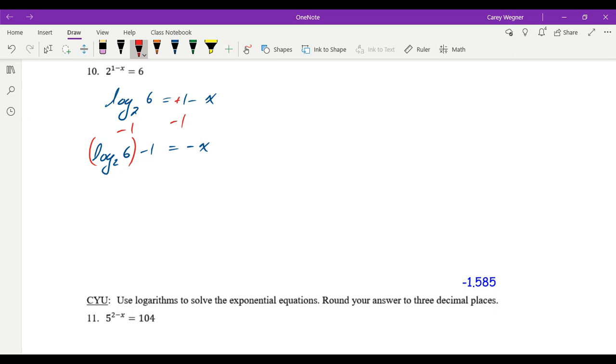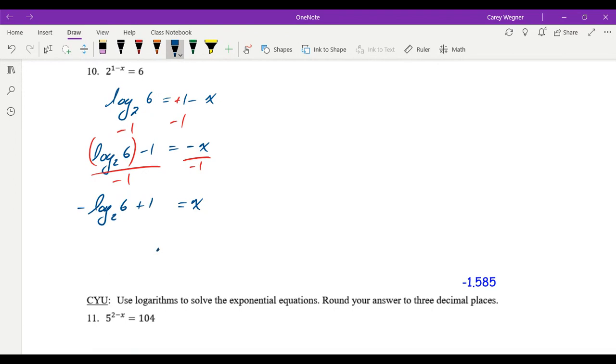Finally, I want to figure out what positive x is equal to, so I'm going to divide both sides by negative 1. You get the same result if you multiply both sides by negative 1. That just changes the signs on both sides. So I'll have x is equal to the negative of log base 2 of 6 plus 1.